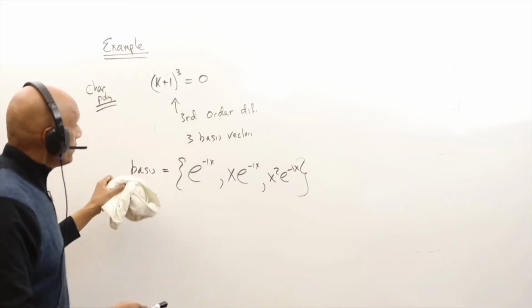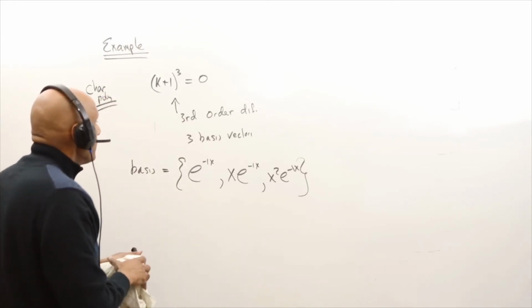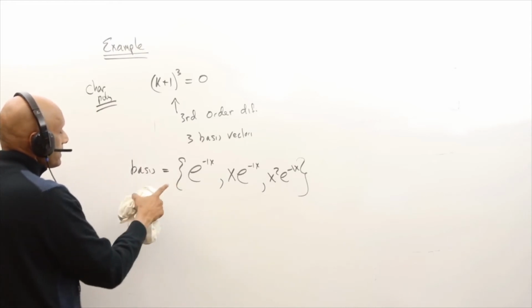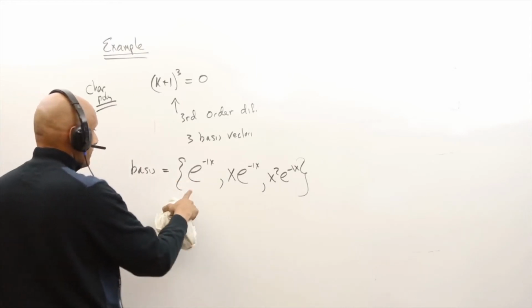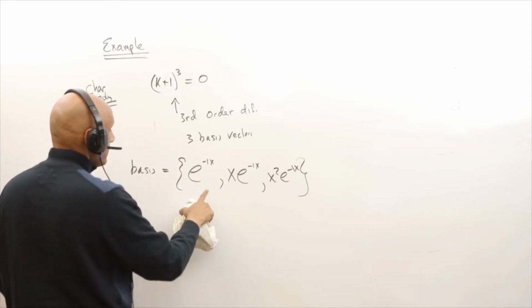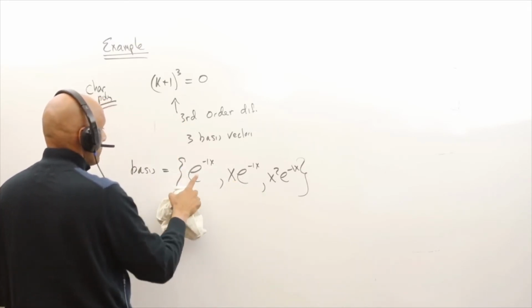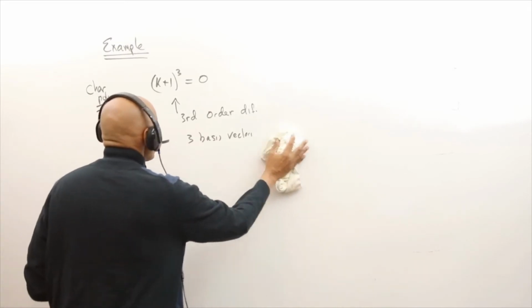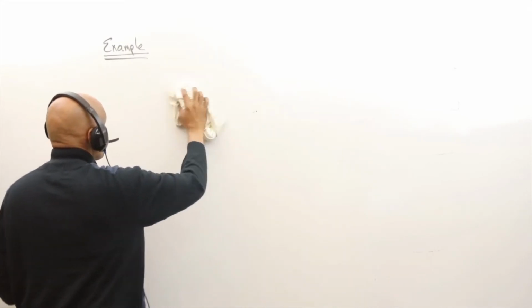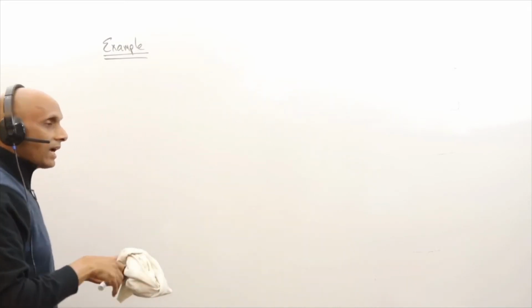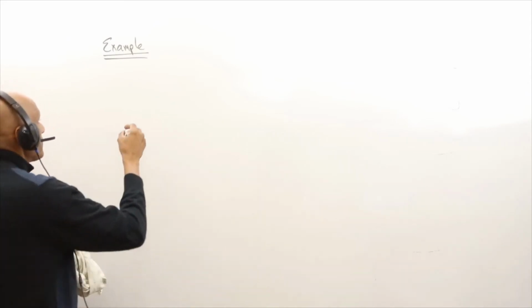Once you have the roots, we can write the basis vectors. So the first problem is that if you have repeated roots, then we have to pump in x's to get the full basis. Let me do another example, and I'm going to assume that you have the characteristic polynomial and you've factorized it.